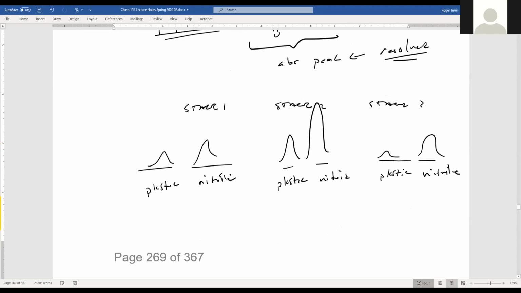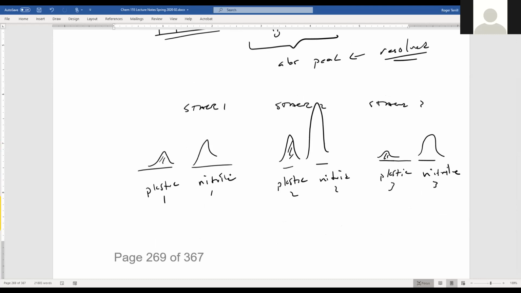So, what he did at each stage was take the plastic piece. We call this plastic 1, nitrile 1, 2, 2, and 3, 3, right?